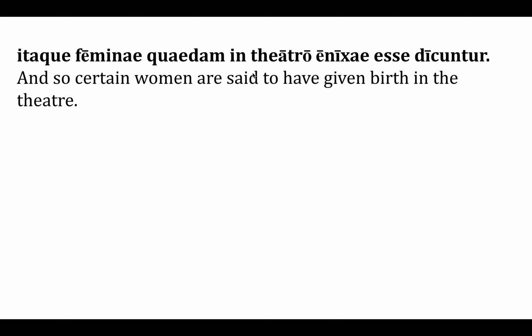And here you've got the perfect participle, enixus, or here feminine plural, enixae plus esse. This is the perfect infinitive. Right, like locutus esse, to have spoken, or secutus esse, to have followed. So certain women are said to have given birth in theatro, in the theatre.